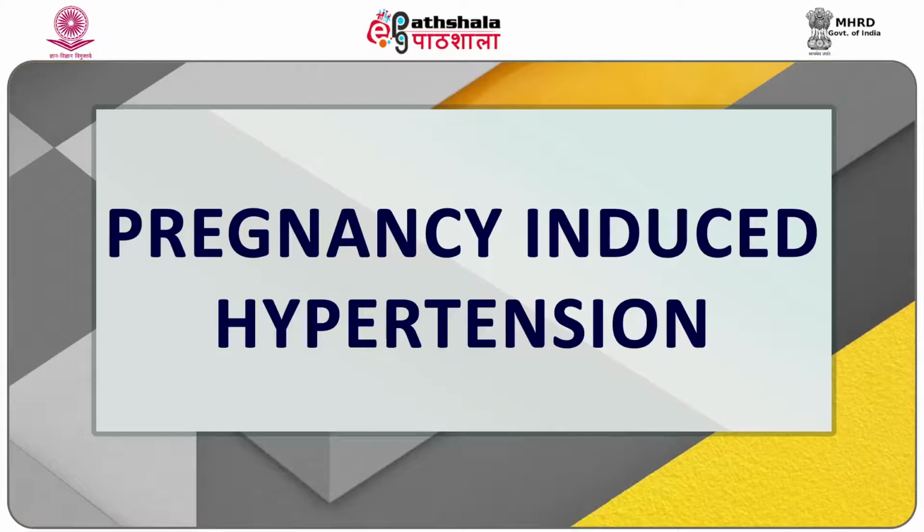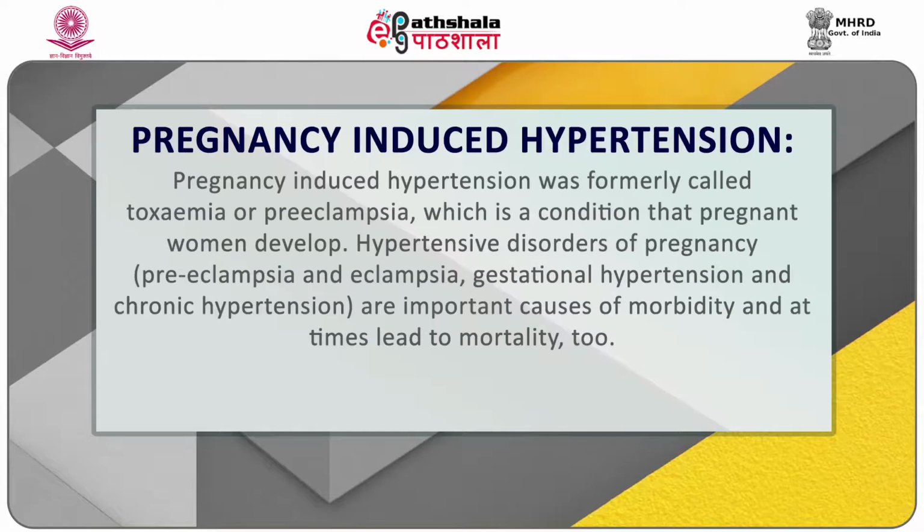So, this was regarding iron deficiency anemia. Now, coming to the other complication, that is pregnancy-induced hypertension, or PIH as it is commonly called, formerly called toxemia or preeclampsia, which is a condition that pregnant women develop.